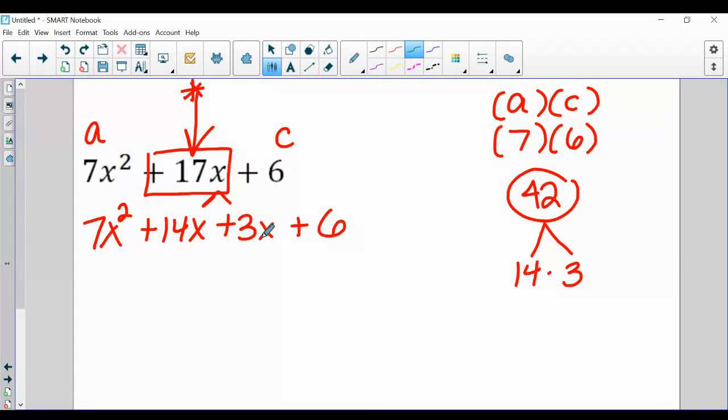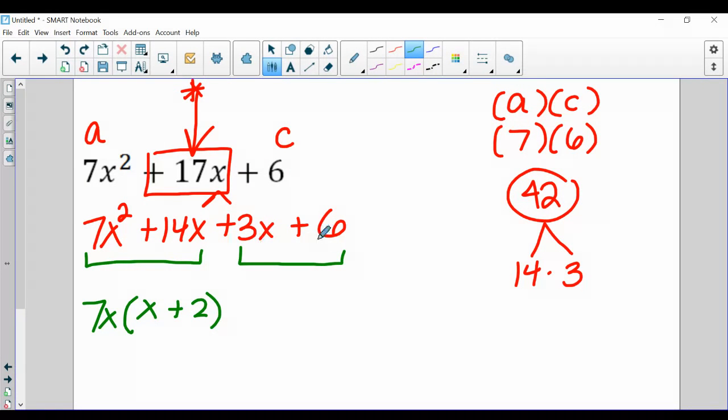Now, when you break it up into these 4 terms, we can use factor by grouping. We find a GCF on our first 2 terms, and we have 7x and x plus 2. In between these two, the GCF is positive 3, and we get x plus 2.